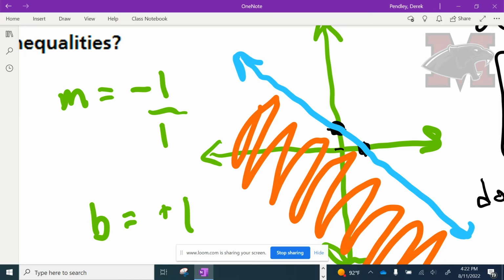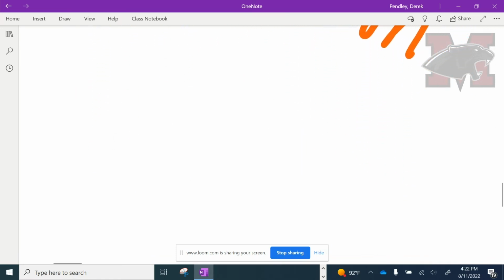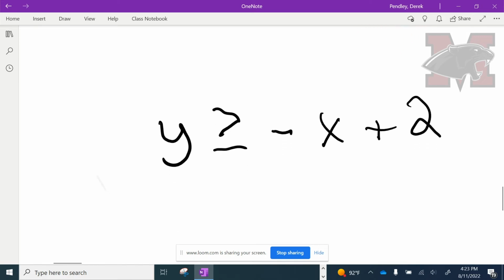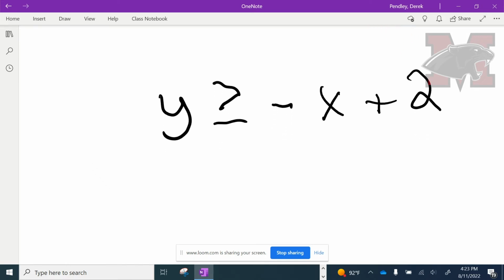I want to give you some time to graph one on your own. All right, so graph y is greater than -x plus 2. And I'm going to throw a challenge out there.